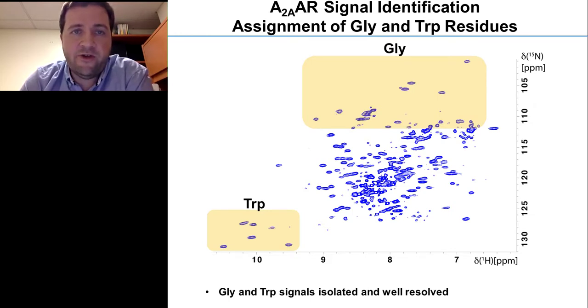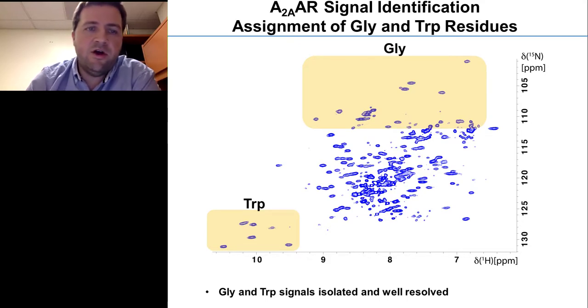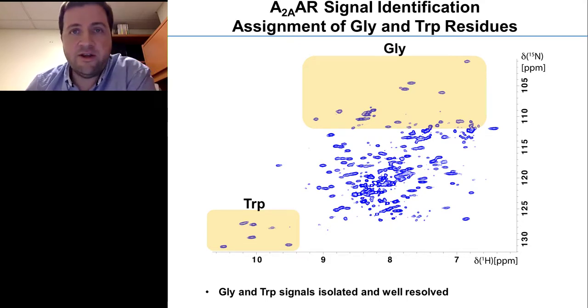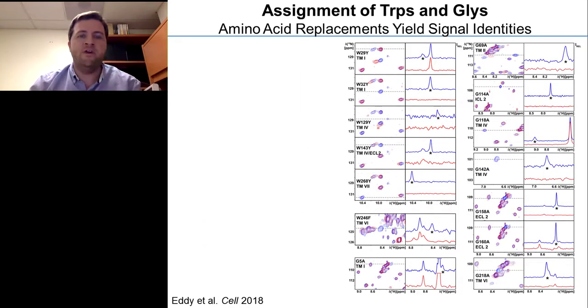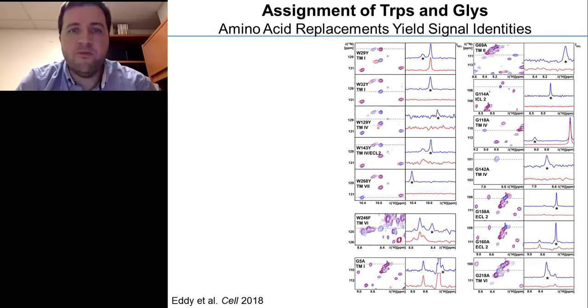In order to assign these signals, we used amino acid replacement, replacing one by one a glycine with an alanine, or a tryptophan with a phenylalanine or a tyrosine. The summary of all of those experiments is shown on the right-hand side of this slide.